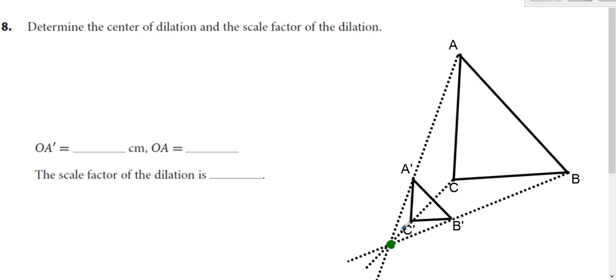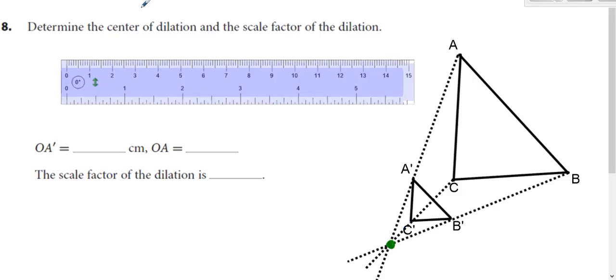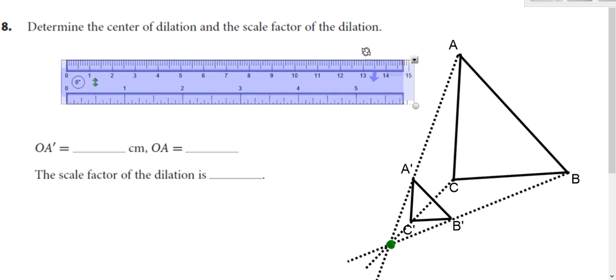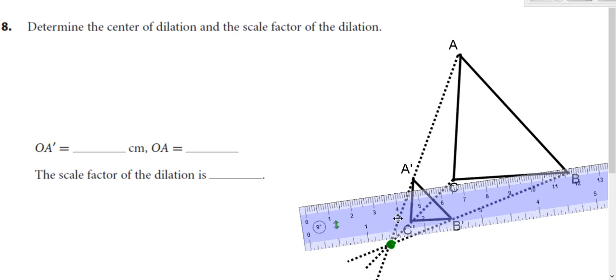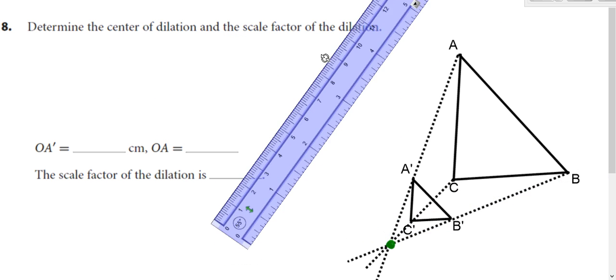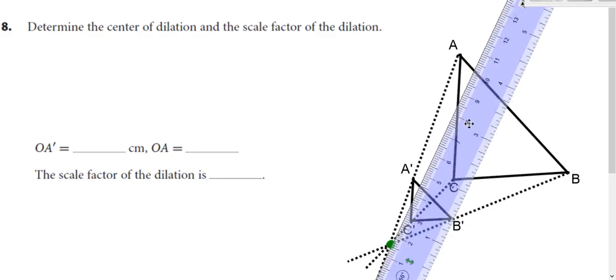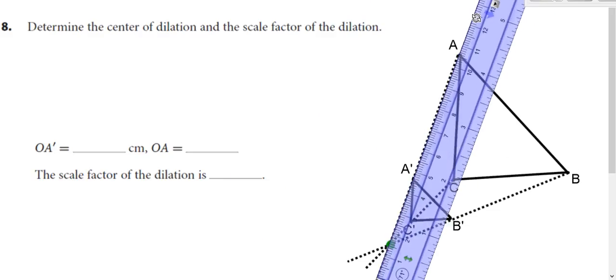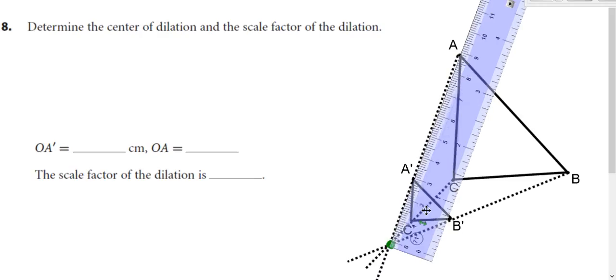And then you measure the side lengths to get the ratio or scale factor. So your numbers will probably be different because the scale on my screen is different than the scale on your paper, but the ratio or scale factor will work out to be the same.